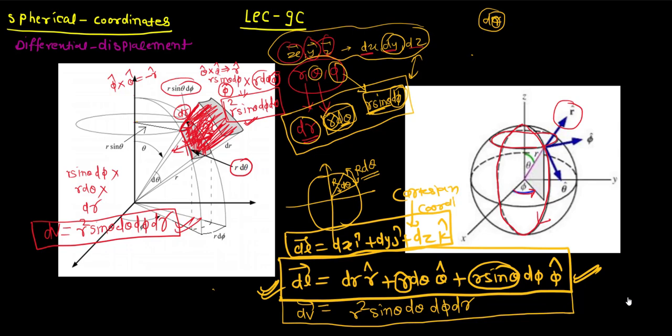And the area will depend on where you are on this 3D surface. For this surface we have calculated the area as r square sin theta d theta d phi, and the area has a direction, which was in the direction of r cap as we considered.